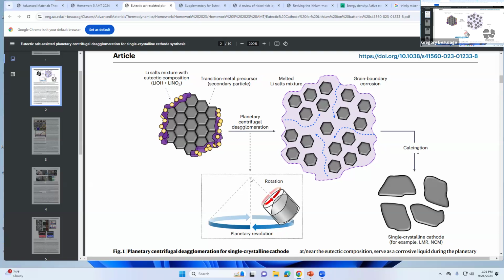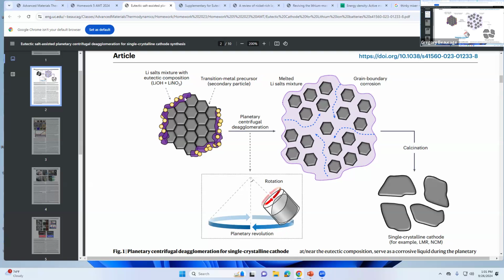Calcination means you stick it in an oven for a while and it cooks, so you're kind of baking it. It'll grow from these little teeny crystals into these giant crystals that are all good stuff, and there's only a little bit of bad stuff at the surface. In fact, the bad stuff, this rock salt phase at the surface, is much thinner in that case than it is over here. They find that also from TEM micrographs.